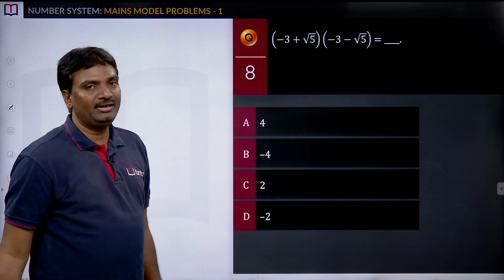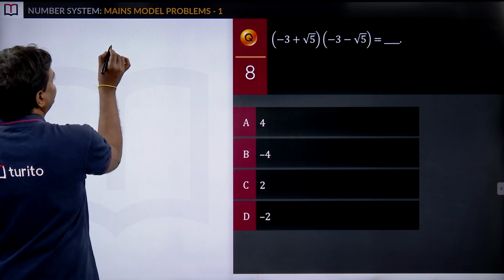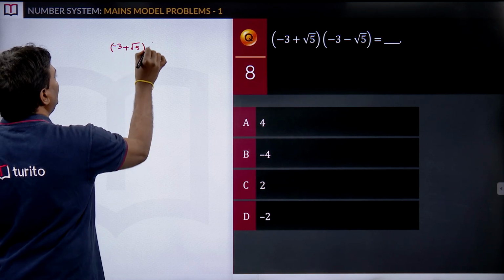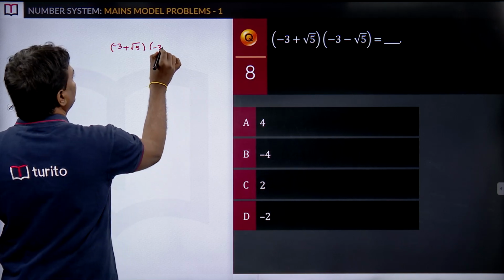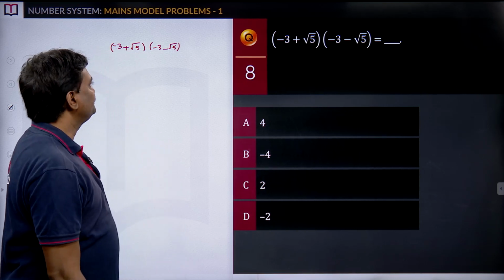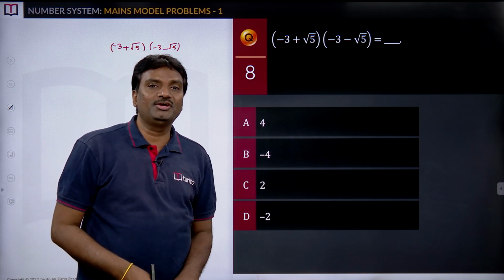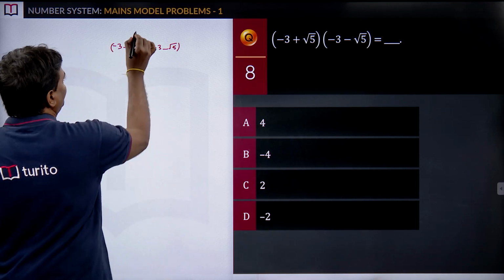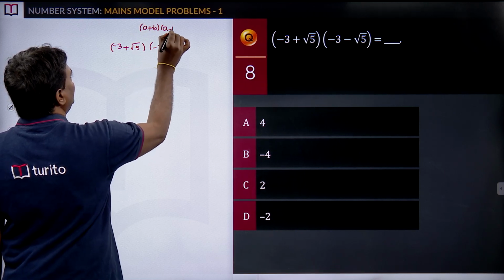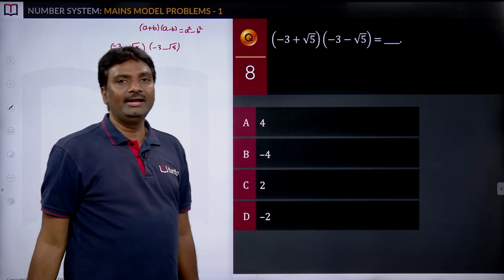So, by observing the given expression, here we can use the identity (a plus b) into (a minus b) equal to a square minus b square.